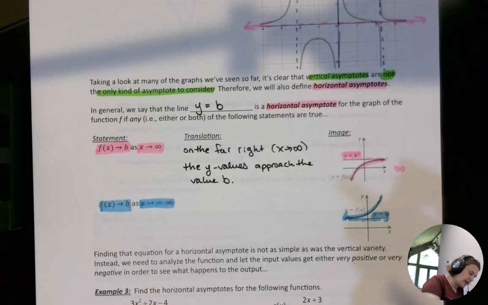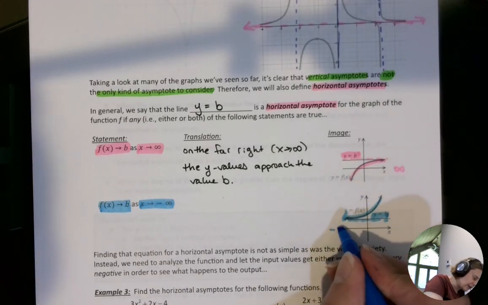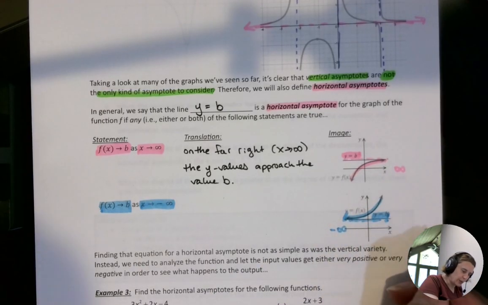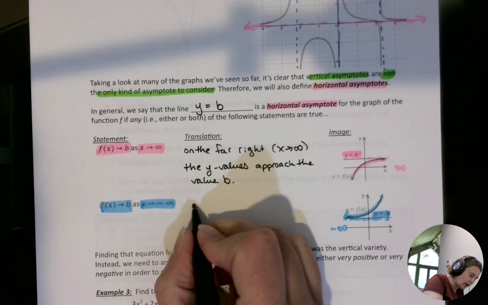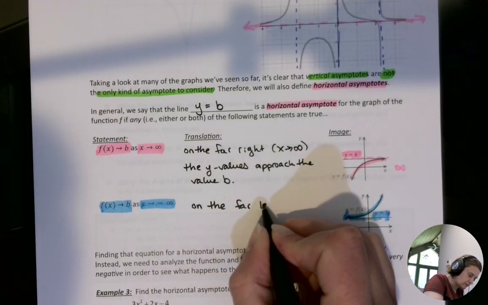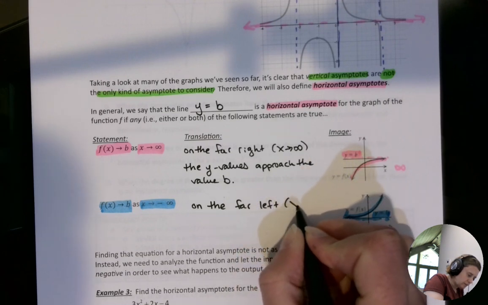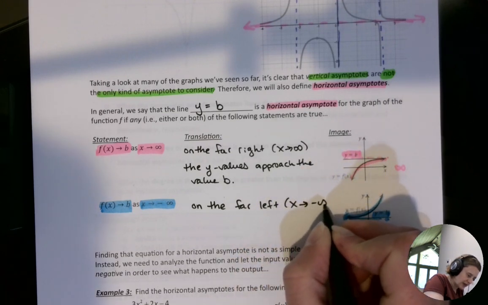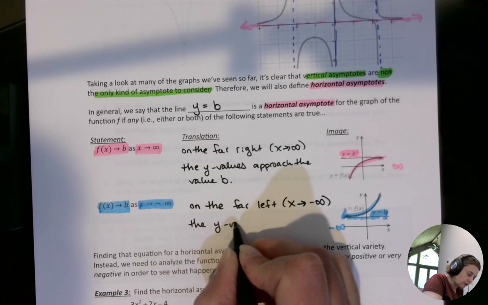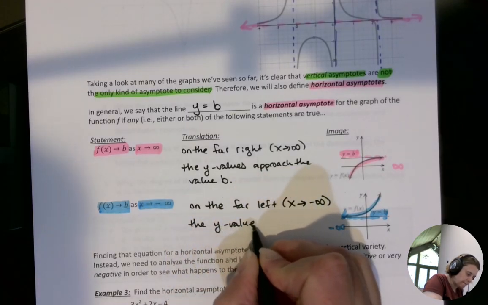This is going to be on the x-axis where we have those negative infinite values. 0 in the middle, positives on the right, negatives on the left. So on the far left, that's what we mean as x approaches negative infinity. The y values are going to approach that value b.